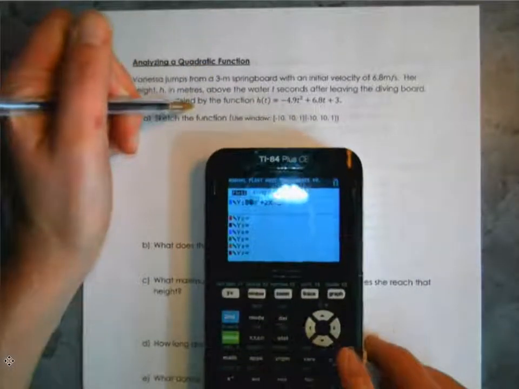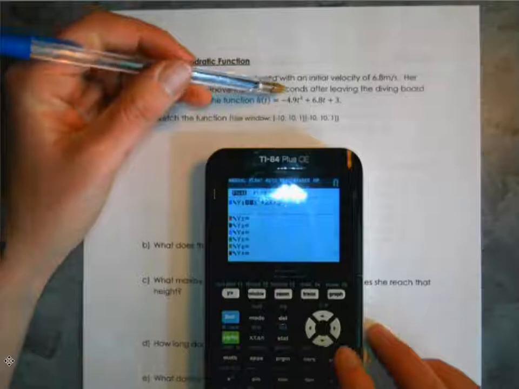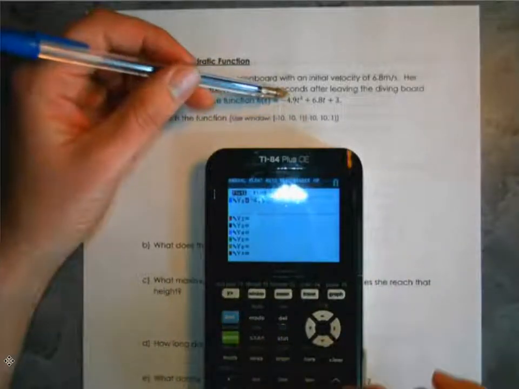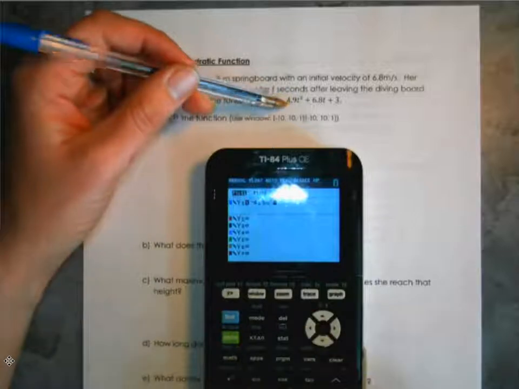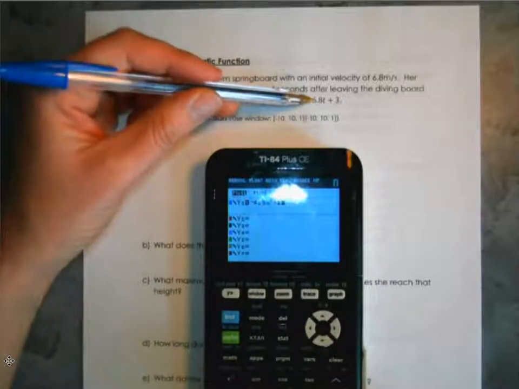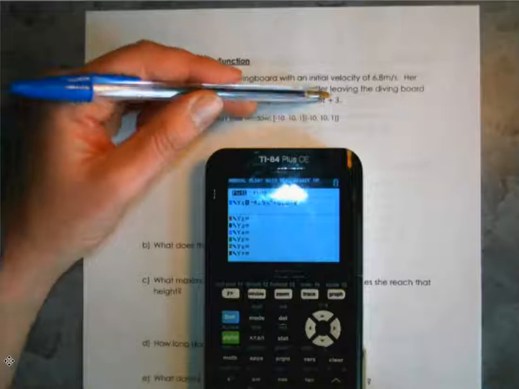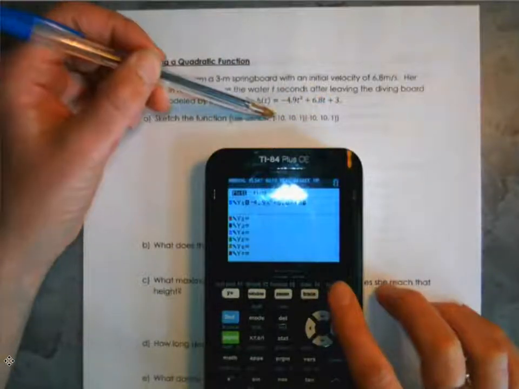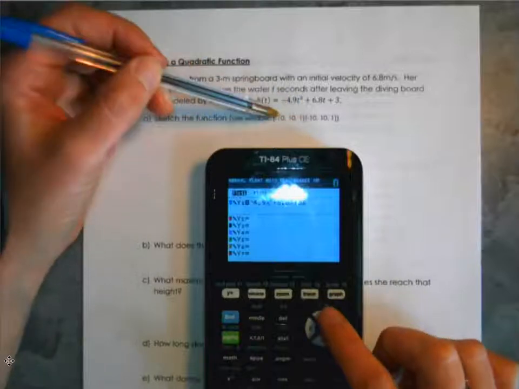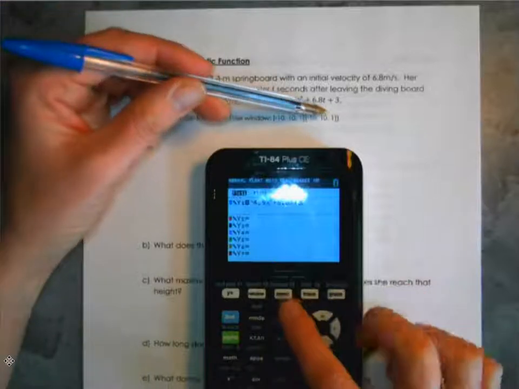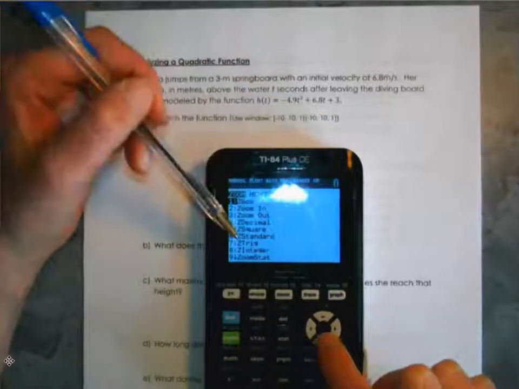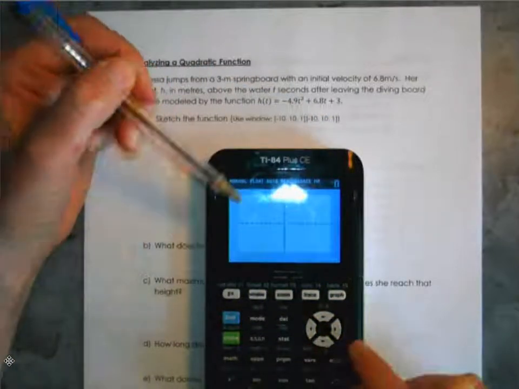So I'm going to go into y equals, and it's going to be negative 4.9x squared plus 6.8x plus 3. Okay, so that's our graph. And it says to use the window negative 10, 10, 1, negative 10, 10, 1, which is our standard window. So we can go into zoom and choose Z standard 6.